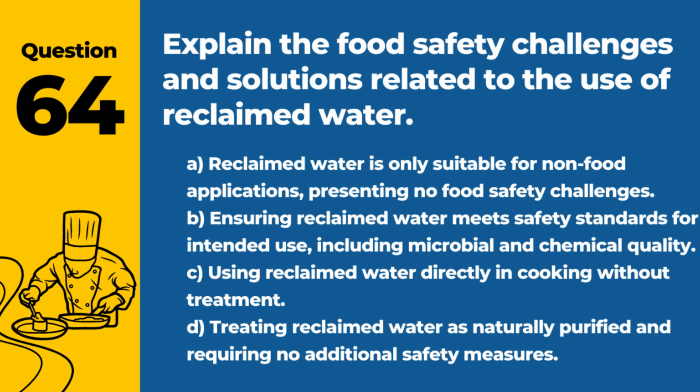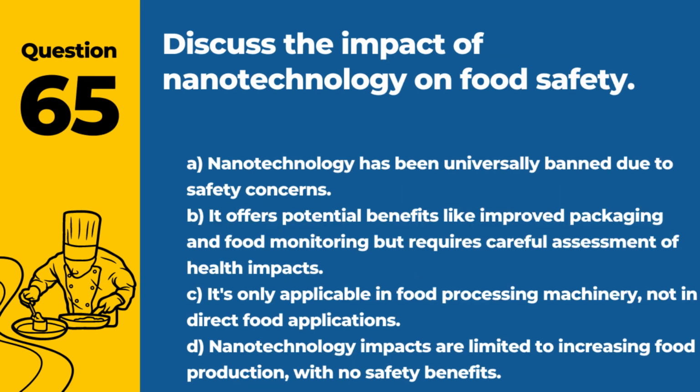D. Treating reclaimed water as naturally purified and requiring no additional safety measures. Answer B. Ensuring reclaimed water meets safety standards for intended use, including microbial and chemical quality. The use of reclaimed water in food production requires careful monitoring and treatment to ensure it is safe and meets regulatory standards.